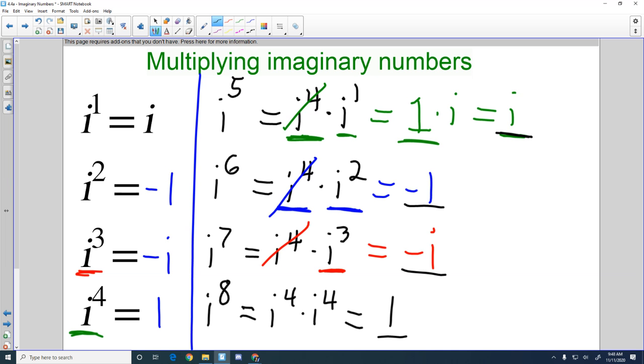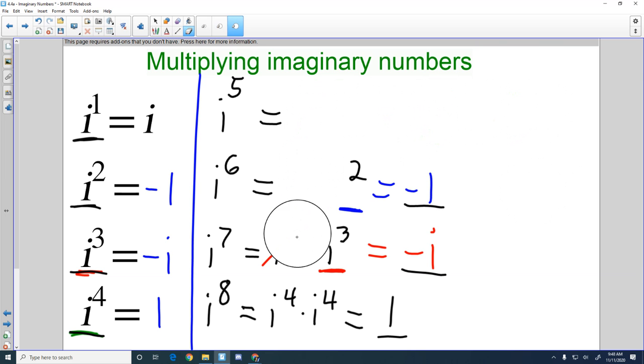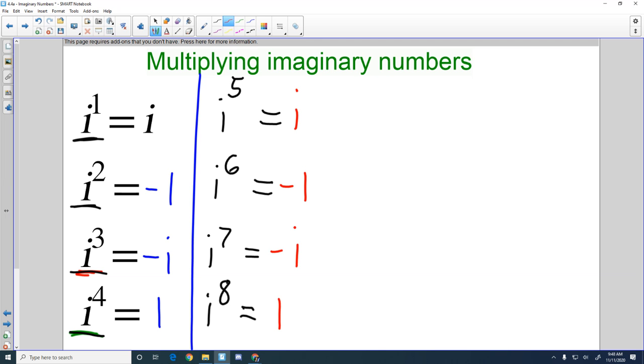Those are the exact same answers that we got over on the left, from i to the first, i to the second, i to the third, and i to the fourth. This is nuts. It's like a magic trick. But it's going to work out to be pretty nice for us. So this is the same as i, negative 1, negative i, positive 1.